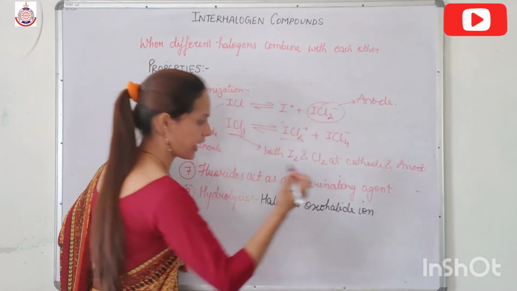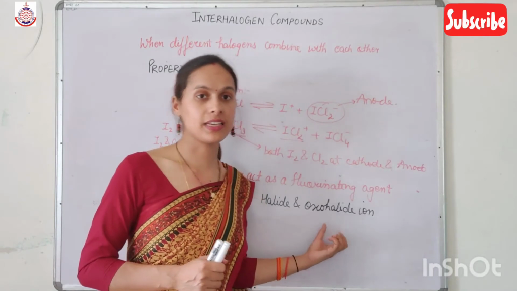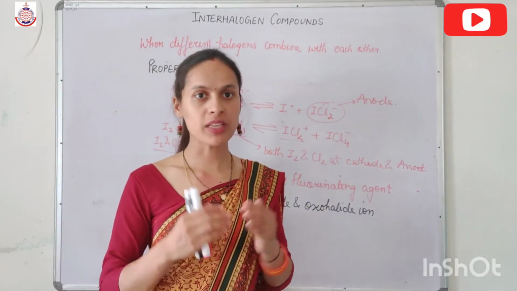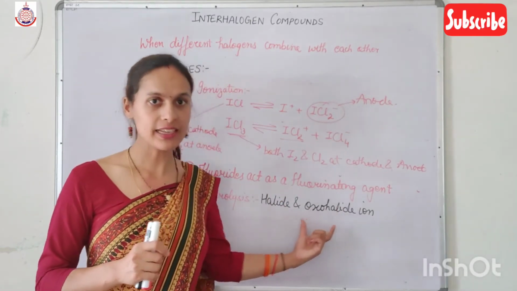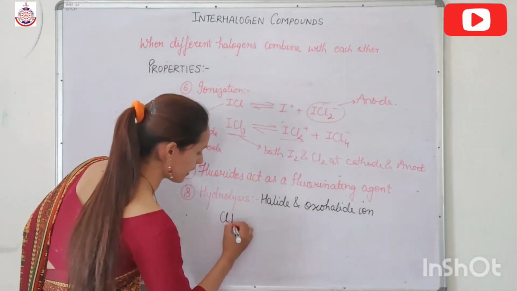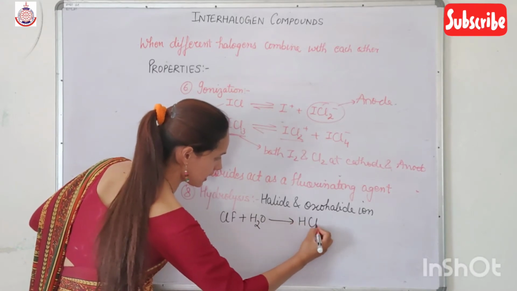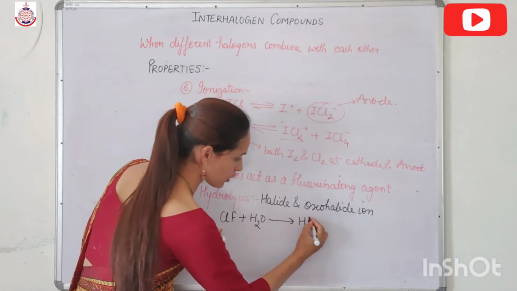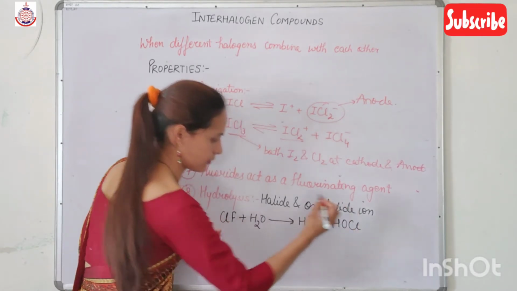They form halide and the oxohalide ion, and the oxohalide ion is always formed by the bigger halogen. Means if we have ICl, then iodine forms the oxohalide and Cl forms the halide. For example, if ClF reacts with water, then we get HF because fluorine is smaller in size, and HOCl.